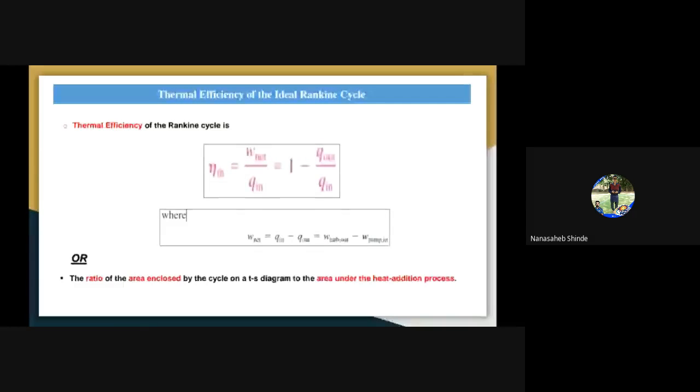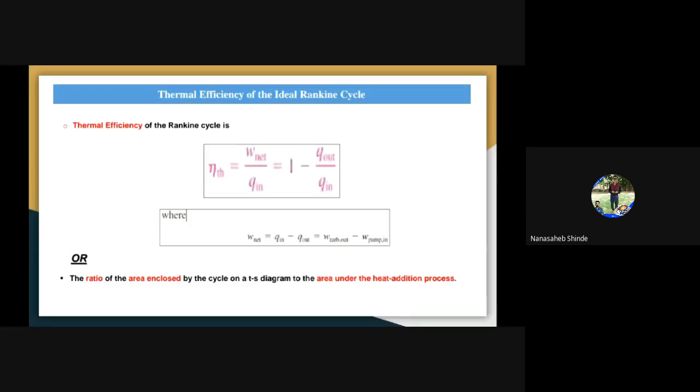Now, by looking at the diagram also, we can calculate the thermal efficiency of the Rankine cycle. That means by taking the ratio of the area enclosed by the cycle on the TS diagram to the area under the heat addition process.